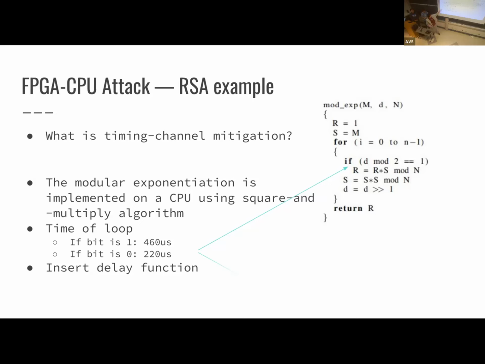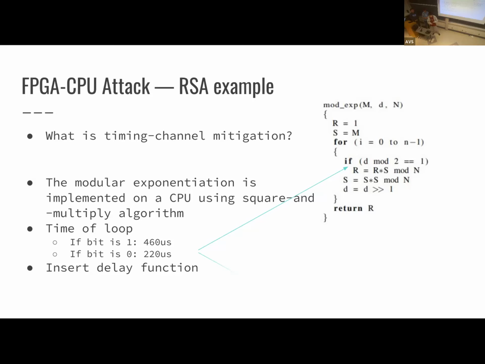Below is the process, and we can see this RSA example. We do the modular exponentiation, and when d equals 1, its delay is different from when d equals 0.